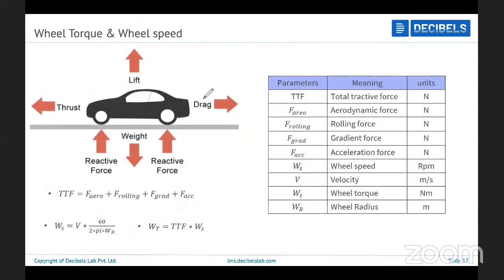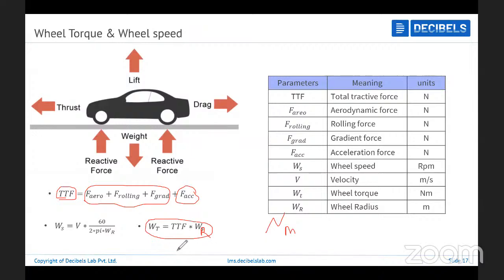Here, as I mentioned, first we'll be adding resistive forces and the acceleration force to get the total reactive force. Once we know the total reactive force, we'll be estimating our wheel torque, which is in Newton meter.